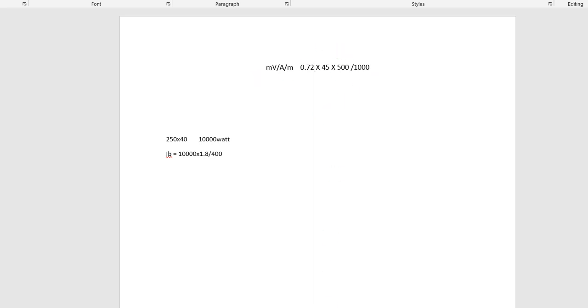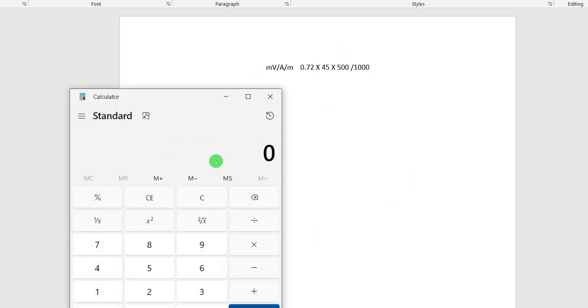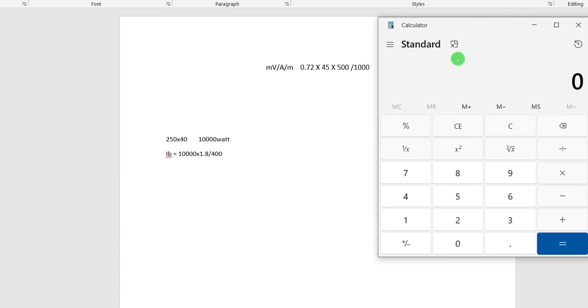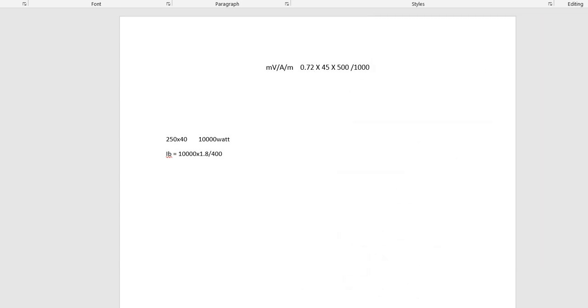Then calculate again. Get your calculator. So we have 0.72 multiplied by 45, further multiply by 500. This is what I got. Divide it by 1000. I have 16.2. So this one meets our requirement.